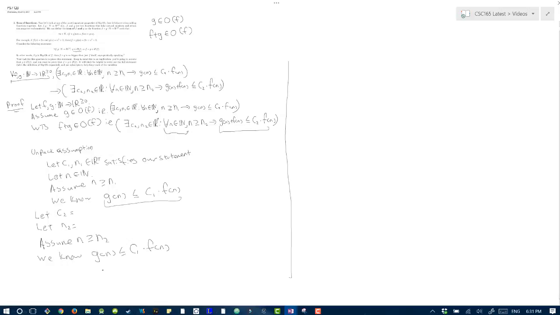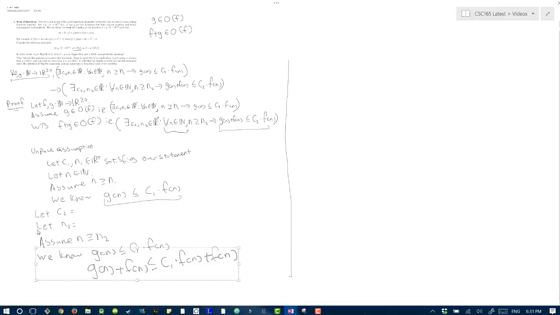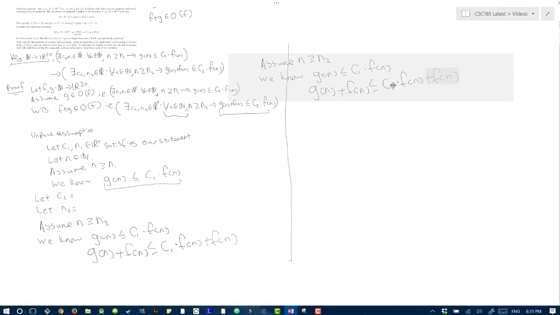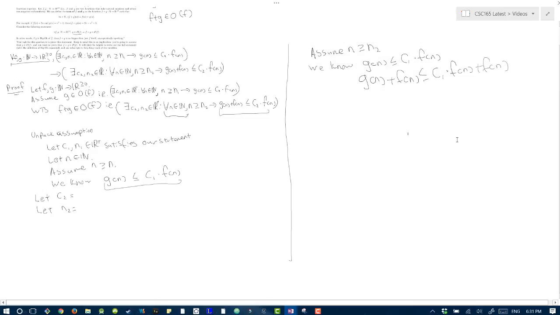Okay, so we have this statement. Now, let's see if you agree with me that we can just add f of n on both sides here. I think that works. I'm just going to move this over here so we have a bit more space.